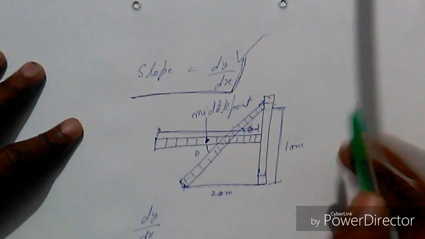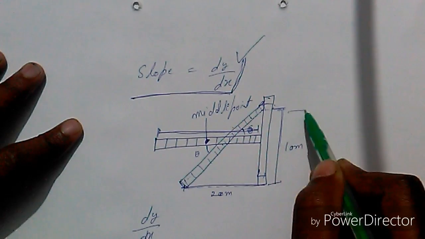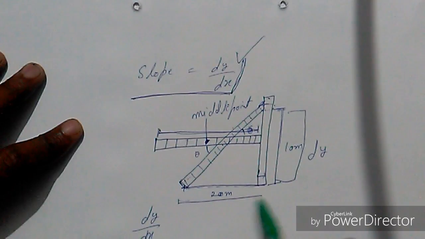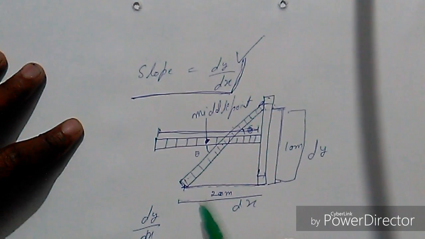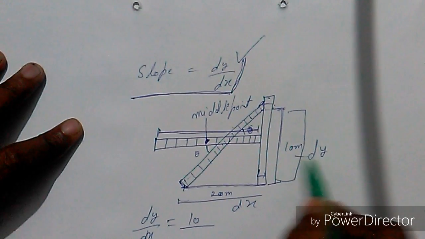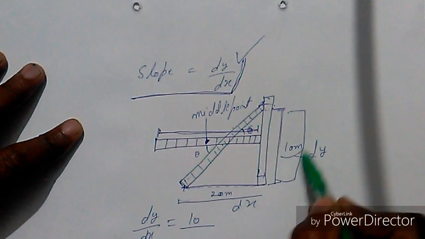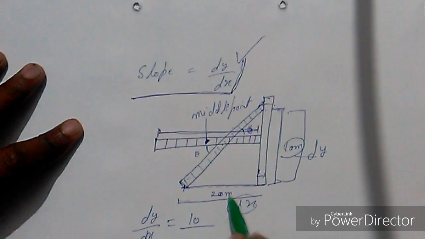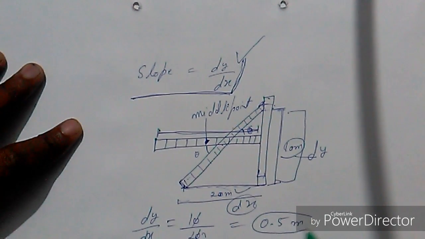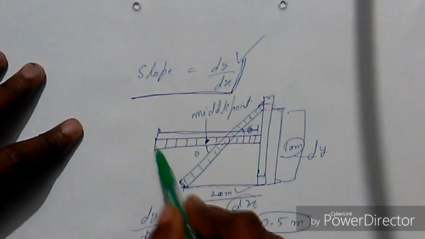Just think it is a demo, that one small change is dy and the other small change is dx. Okay, then we write dy is equal to 10 meters and dx is equal to 20 meters. Solve it, it is 0.5 meter. I mean to say 0.5 meter change comes in the position of the ladder.